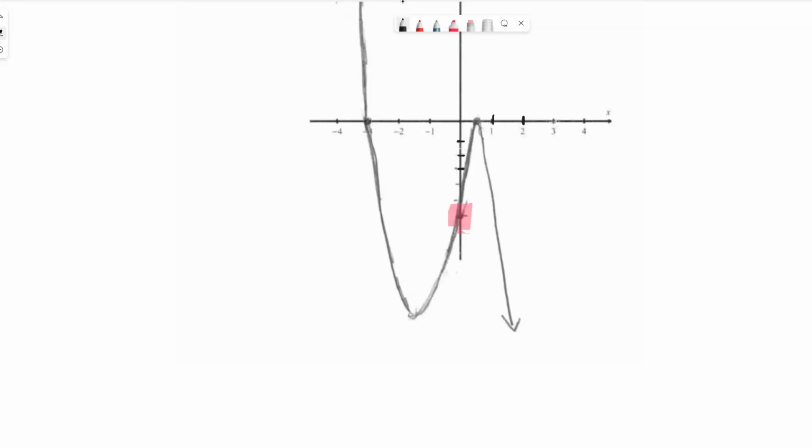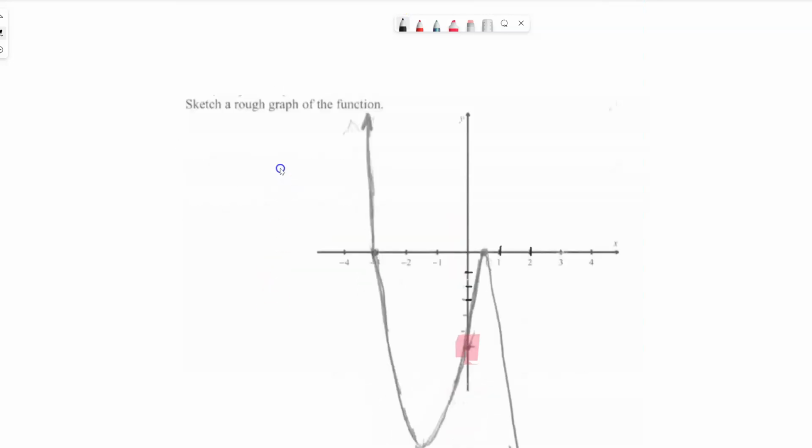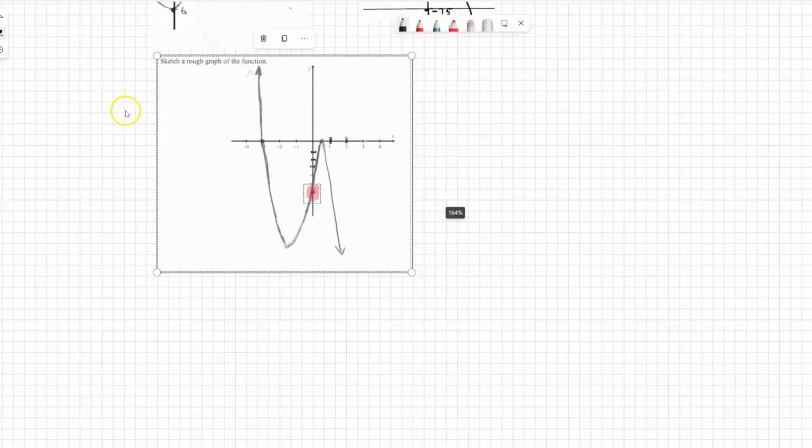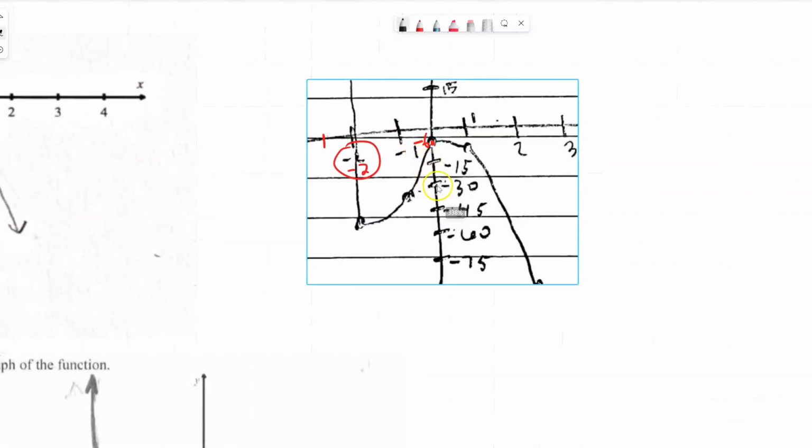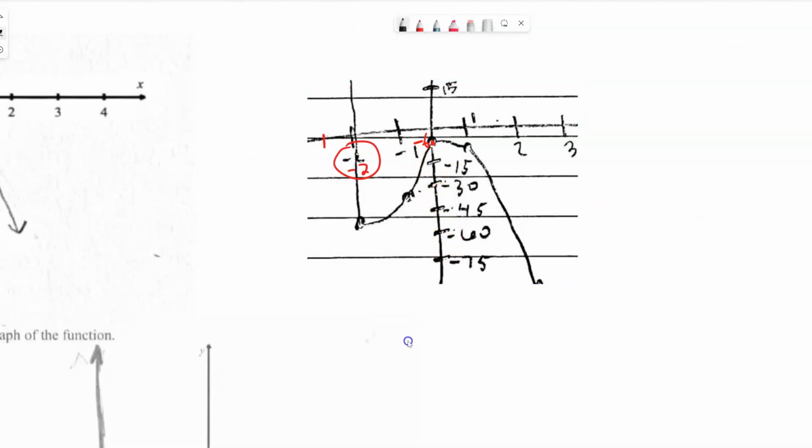So I can't assume the numbers on the x scale are the same as the numbers on the y scale. This could be 10, 20, 30, 40, 50. I didn't mean to move that. Like this problem, they labeled them 15, 30, 45, 60, 75. That's a great labeling. And it's clearly different from the x-axis.